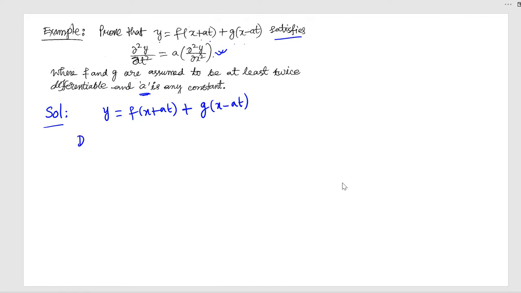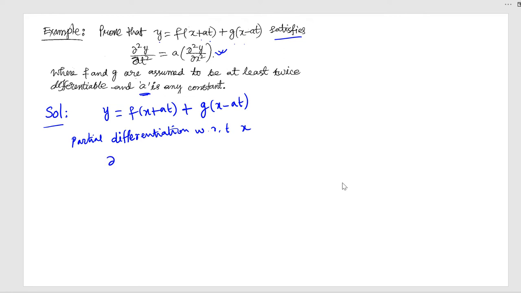Then differentiate, partial differentiation with respect to x.